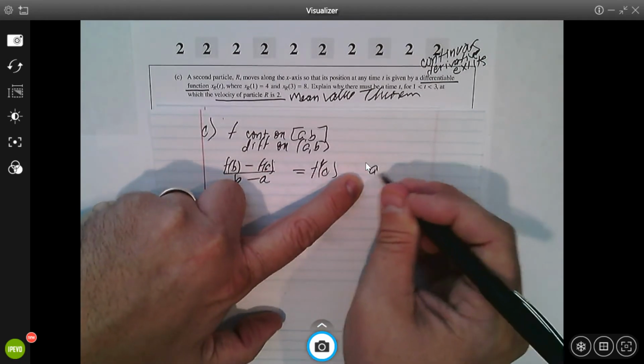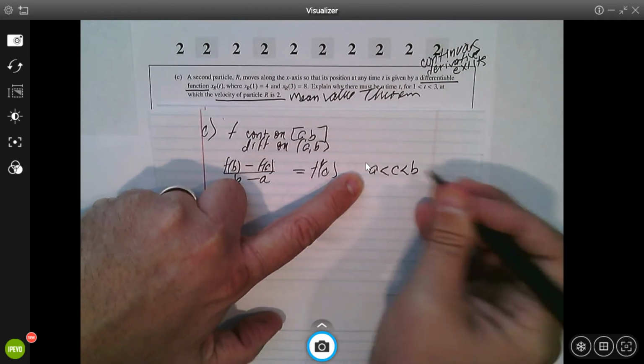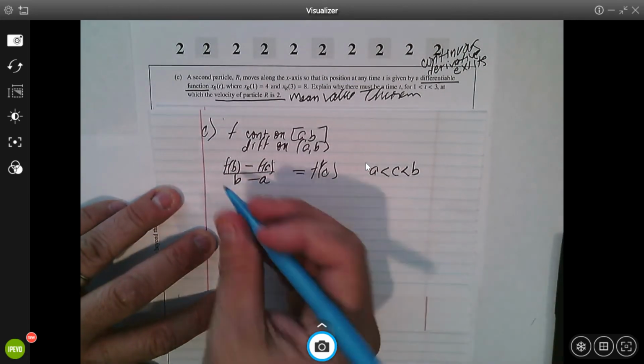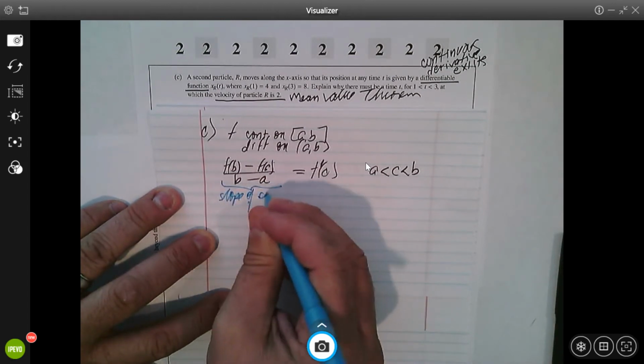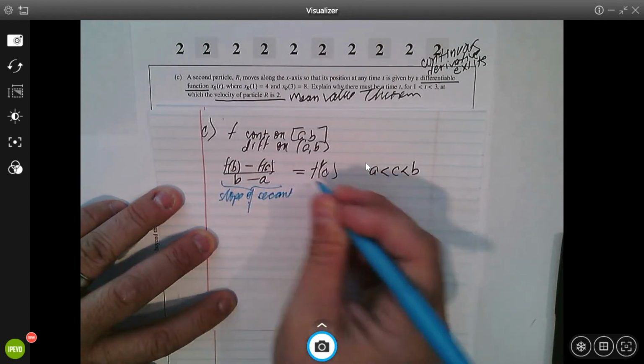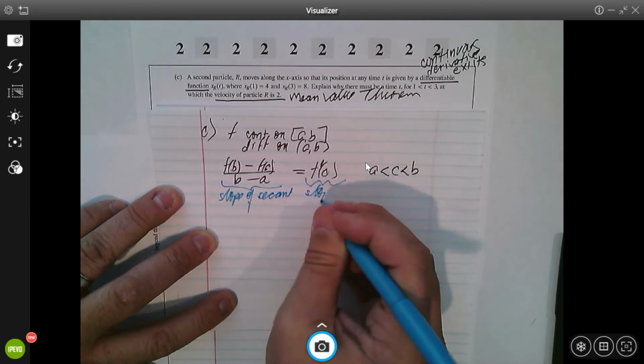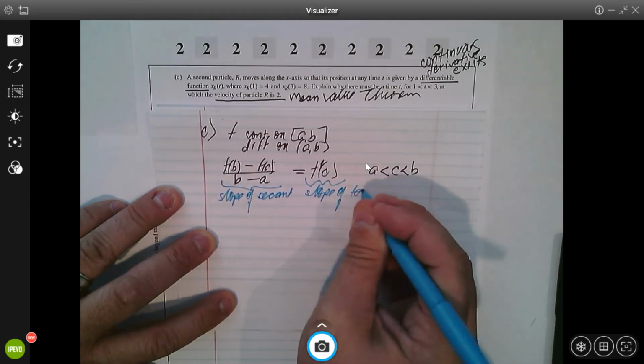And the key is that this value of c is in between your endpoints. This part here is slope of secant. This here is slope of tangent.